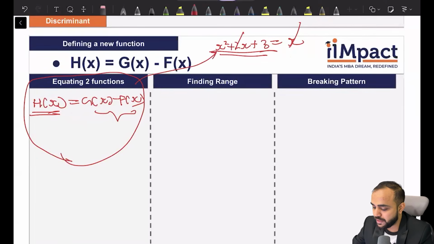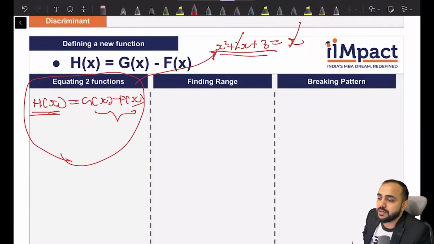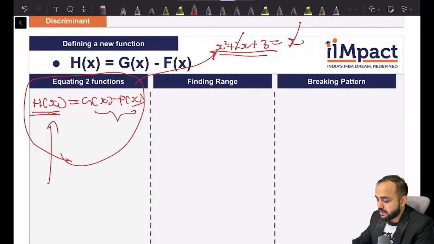I think you are pretty confident that if they are giving me some expression of x equal to some expression of x, I will take everything to one side and then treat the new equation as my polynomial, which is exactly what this h of x is all about.